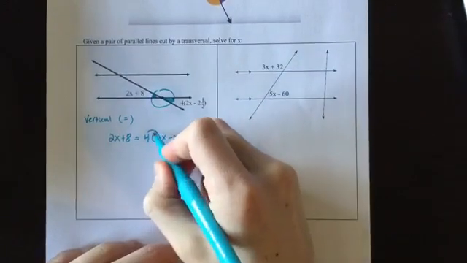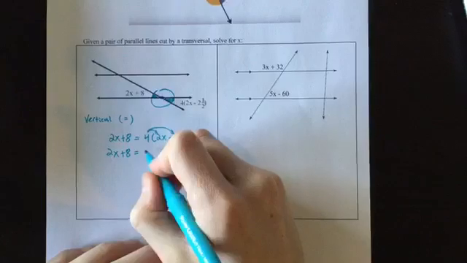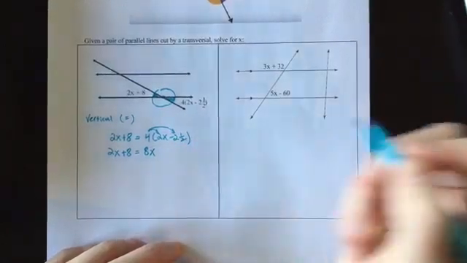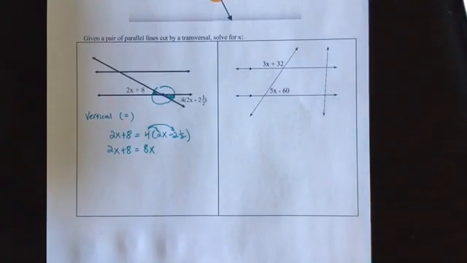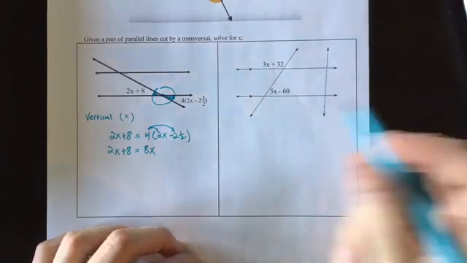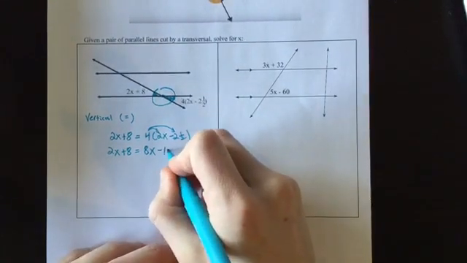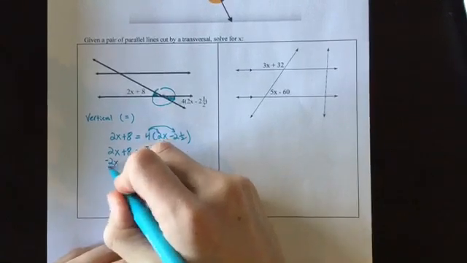First step, we're going to distribute that 4 to both terms. 4 times 2x is 8x. 4 times 2.5, well, 2 times 2.5 would be 5, so 4 times 2.5 would be 10. So 4 times negative 2.5, negative 10. Now we've got variables on both sides. I'm going to subtract 2x from both sides.